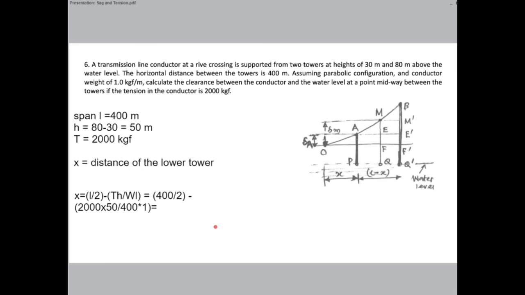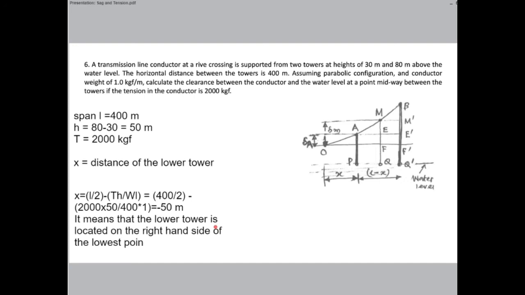Minus 50, that's true. And what does that mean? It means that the lower tower is located on the right hand side of the lowest point of the conductor.